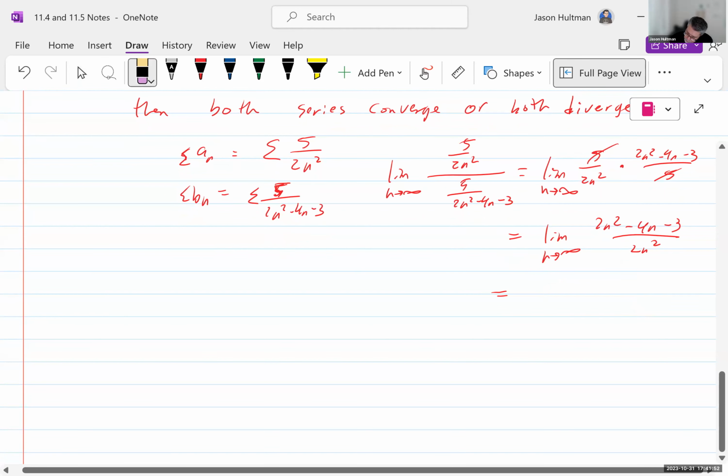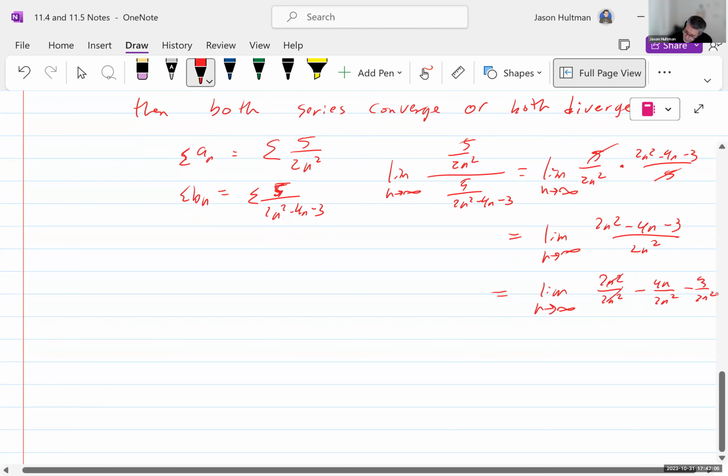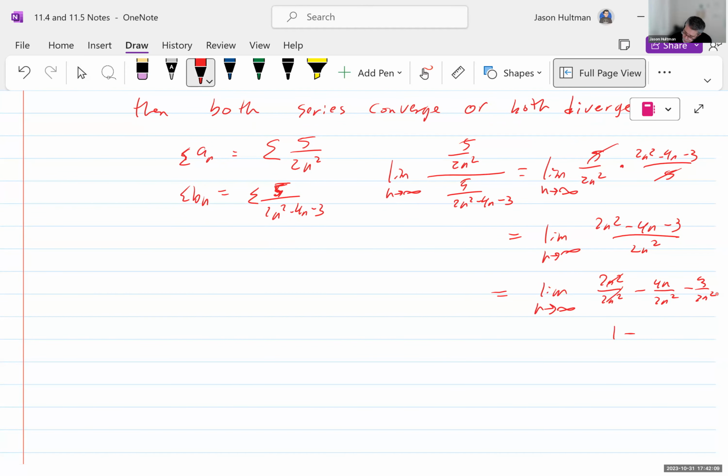Limit as n goes to infinity of 2n squared over 2n squared minus 4n over 2n squared minus 3 over 2n squared. The n squareds cancel here, leaving me with just 1, minus, one of the n's cancels there, leaving me with 2 over n minus 3 over 2n squared.